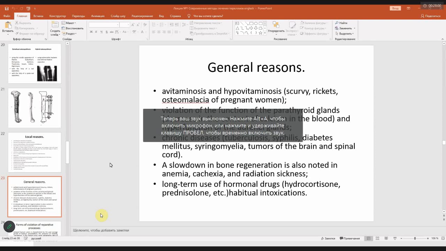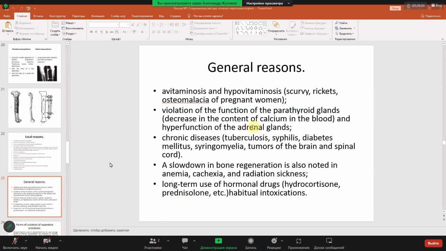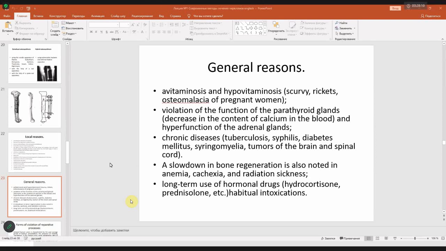Chronic diseases: tuberculosis, syphilis, diabetes mellitus, syringomyelia, tumors of the brain and spinal cord. A slowdown in bone regeneration is also noted in anemia, cachexia, and radiation sickness.